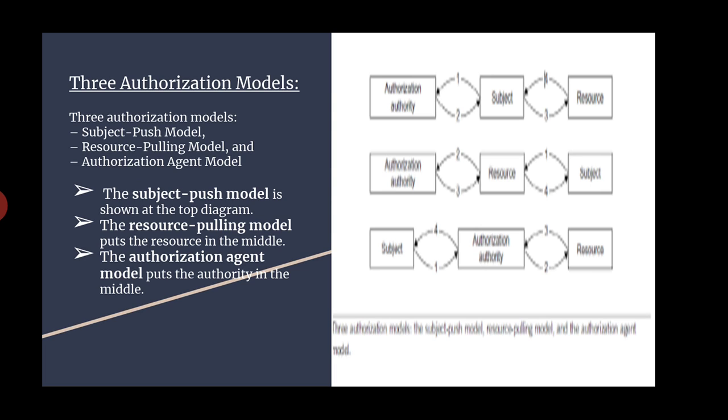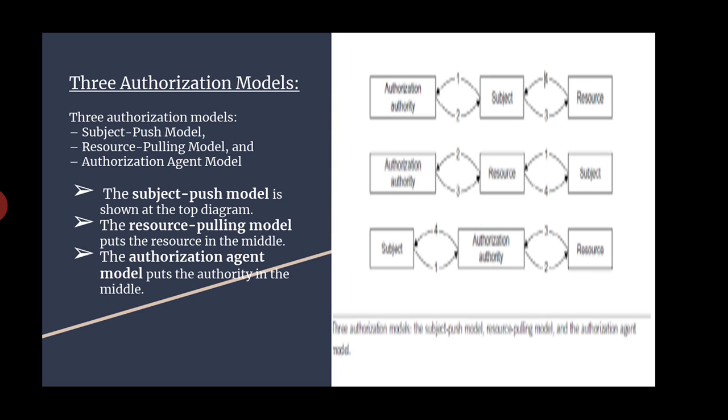The first figure illustrates the subject push model, the second figure illustrates the resource pulling model, and the third figure represents the authorization agent model. Here we explained the 3 authorization models. The subject is the push model, the resource is the pulling model, and the third is the authorization agent model.